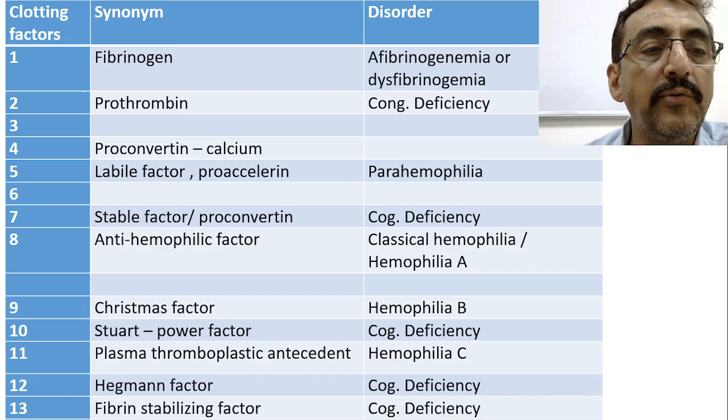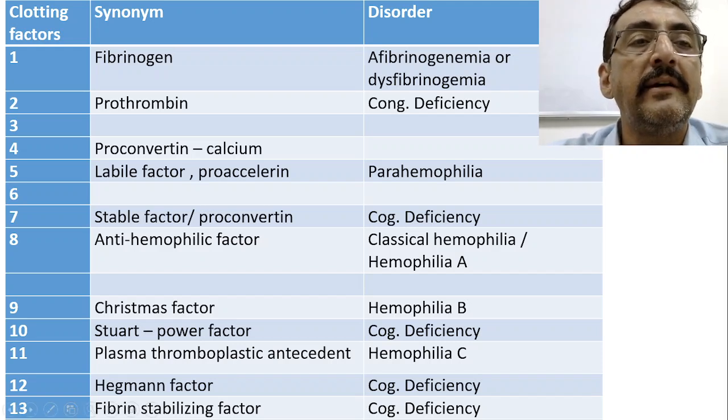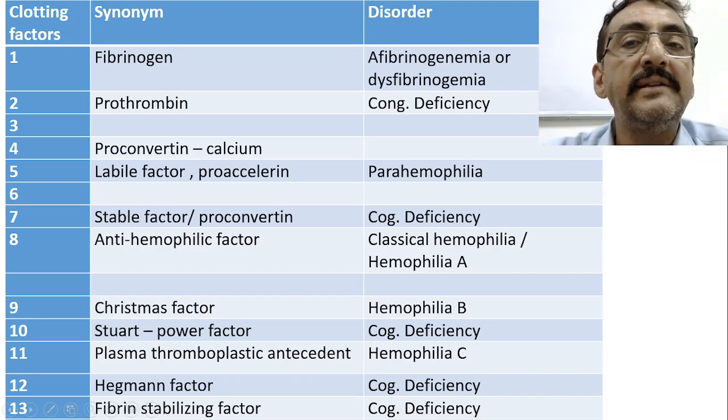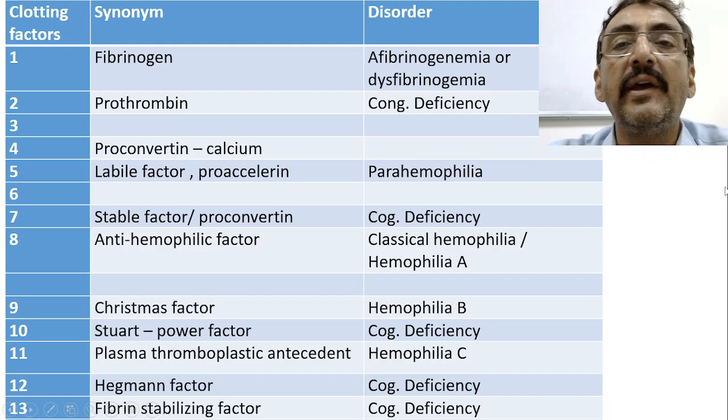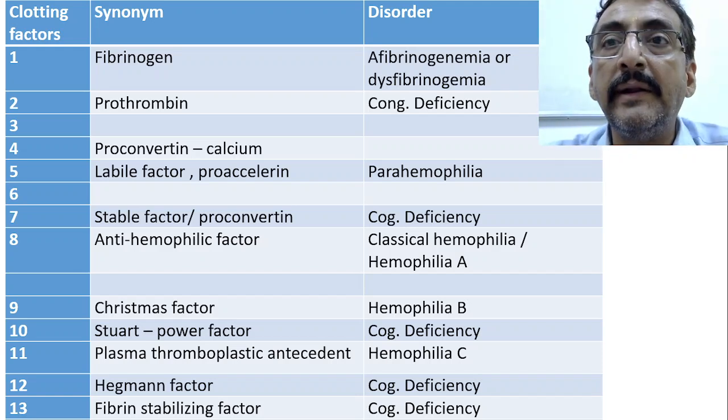As we know, we have a total of 13 clotting factors. Factor number 1 is called fibrinogen, and deficiency of fibrinogen will cause a disease called afibrinogenemia or dysfibrinogenemia. Totally there is absence of factor number 1. This is possible in these two conditions.